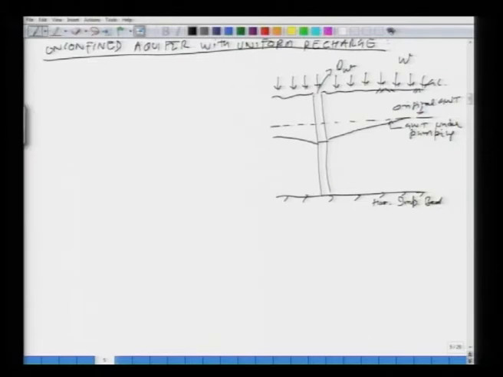Now, it is important to see that if we did not have any recharge, the Q at the well is equal to Q in the aquifer anywhere. That is what we had used.